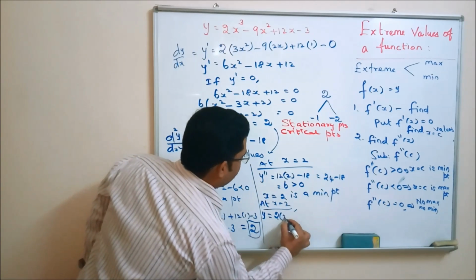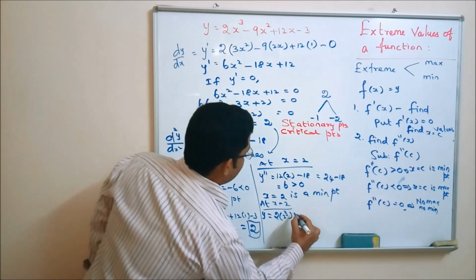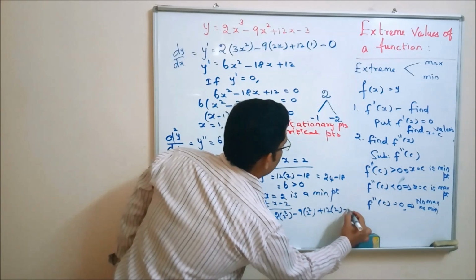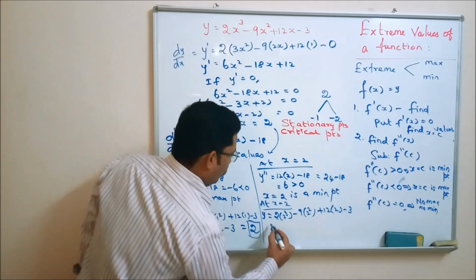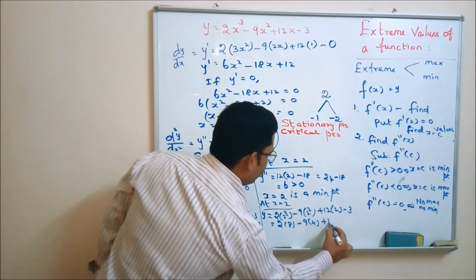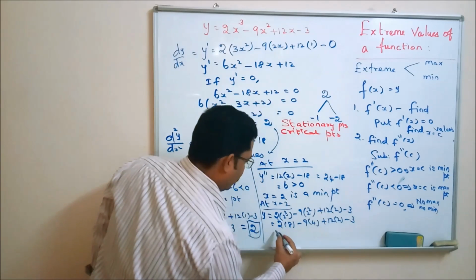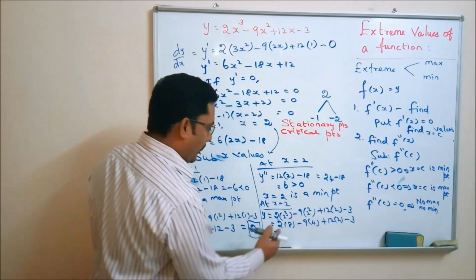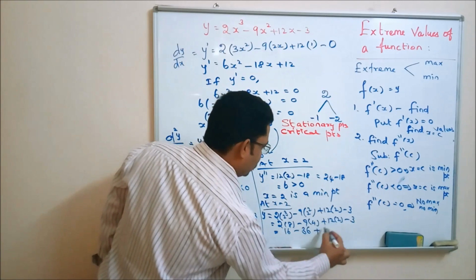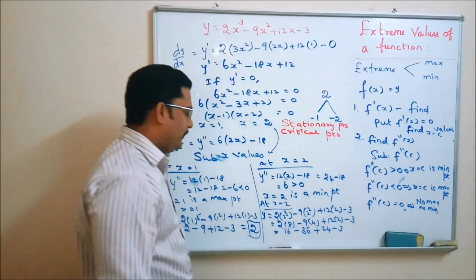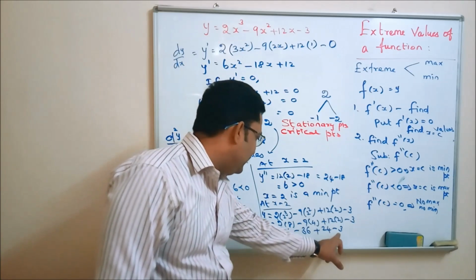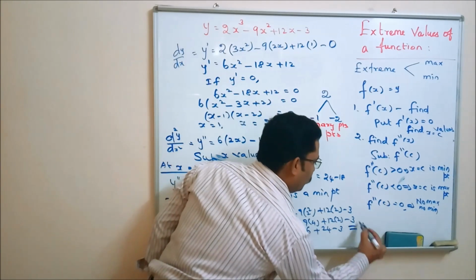This is 2 into 2 power 3 minus 9 into 2 power 2 plus 12 into 2 minus 3, which is equal to 2 into 8 minus 9 into 4 plus 12 into 2 minus 3, which is 16 minus 36 plus 24 minus 3. So here it is around 40, here it is 39, and hence the solution is 1.